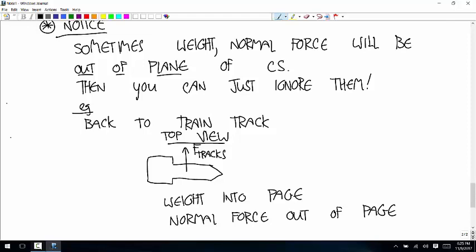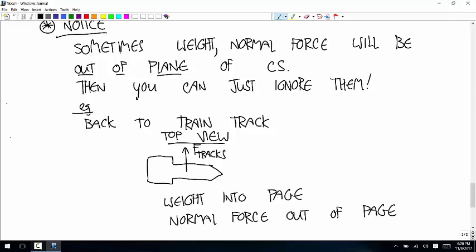It depends which way the circle is going. So if something's in a circular motion like this, then your coordinate system is going to be like that, okay? And then when the object's over here, the weight force is in the plane of that coordinate system, so you do have to put it in, okay?